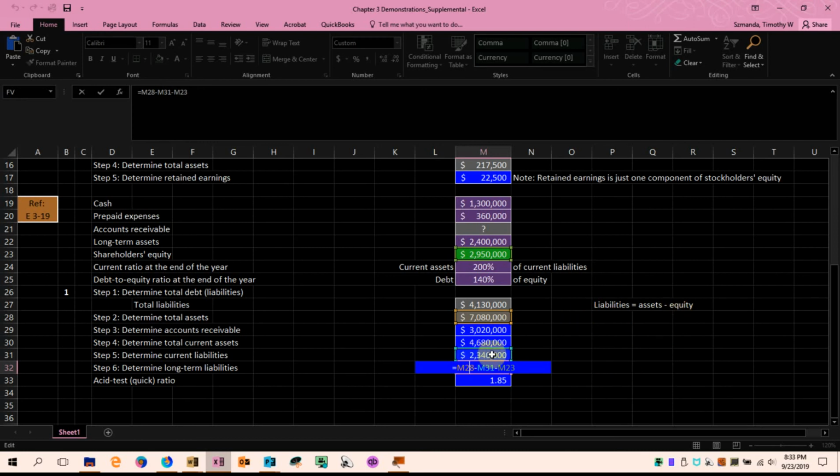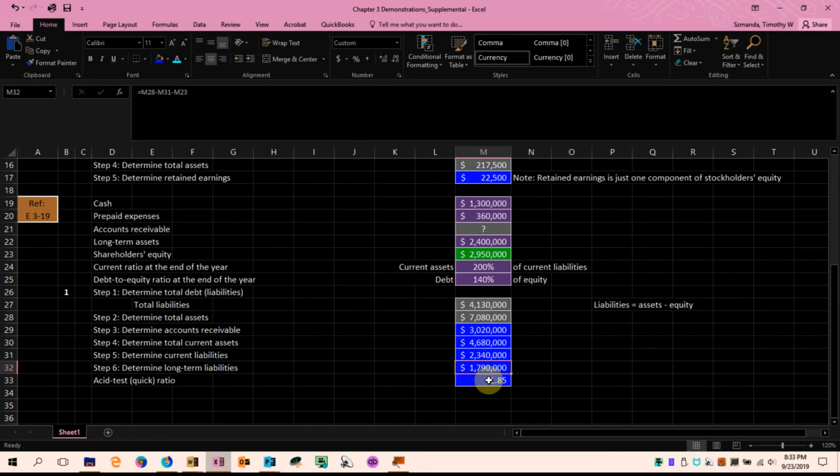And that's kind of the formula I used in this equation. For step 6, I started with the total assets, and then I deducted what I knew, which was the current liabilities, and then I also deducted the shareholders' equity. And the only thing left would have been the long-term liabilities.